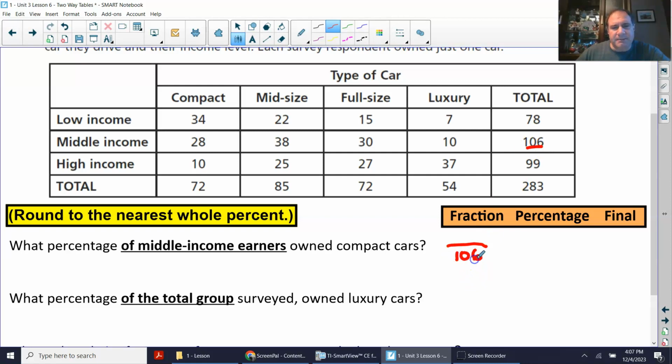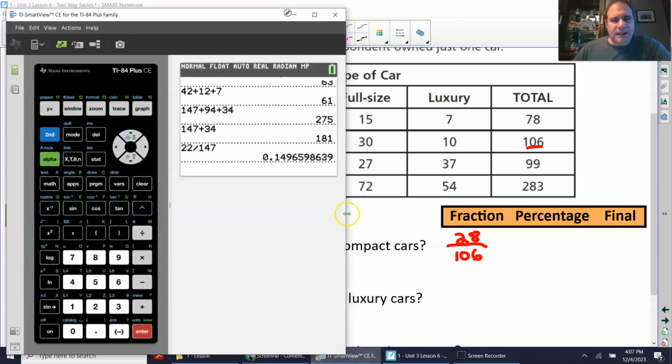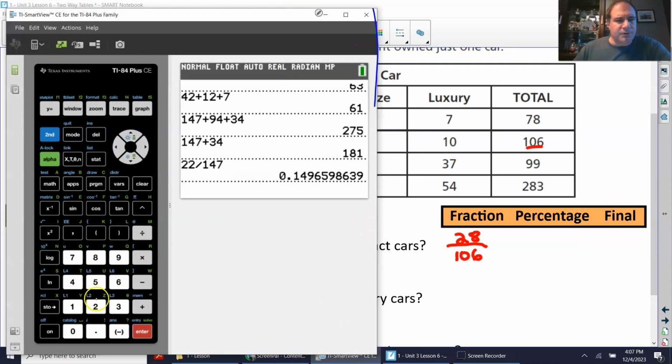Out of those people, how many owned compact cars? 28 of them owned compact cars. So I'm going to grab my calculator and put 28 divided by 106.